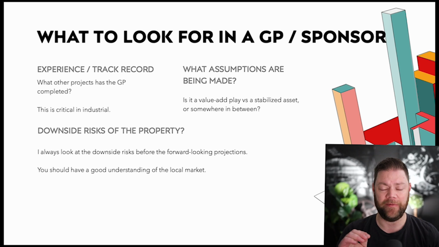But if the GP doesn't have a considerable amount of experience, they're not going to be able to navigate some of these risks, and it could result in a pretty bad situation. So where I mentioned that industrial real estate has a lot of advantages, there are also a lot of disadvantages.